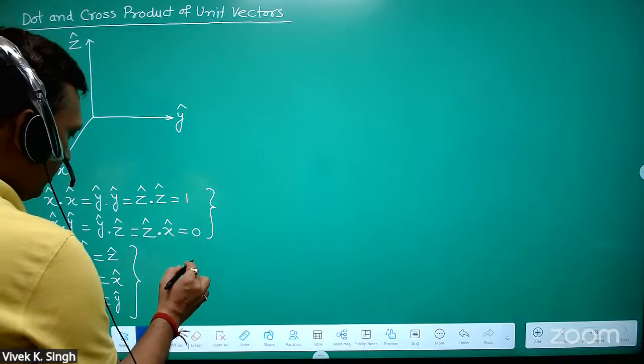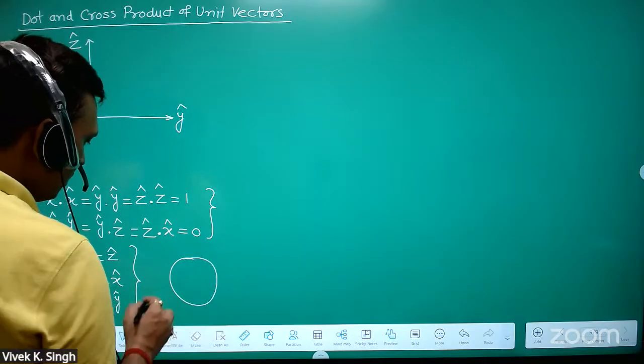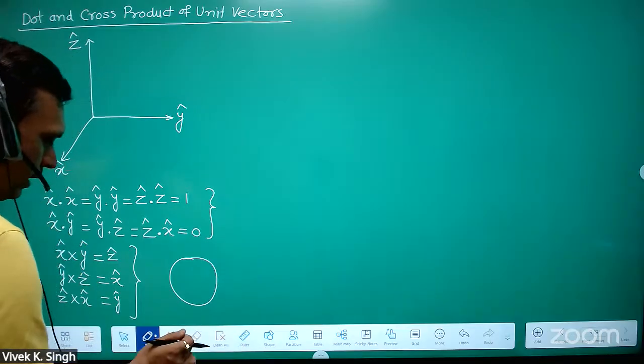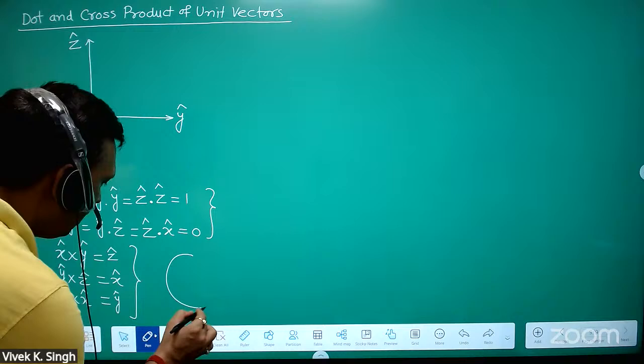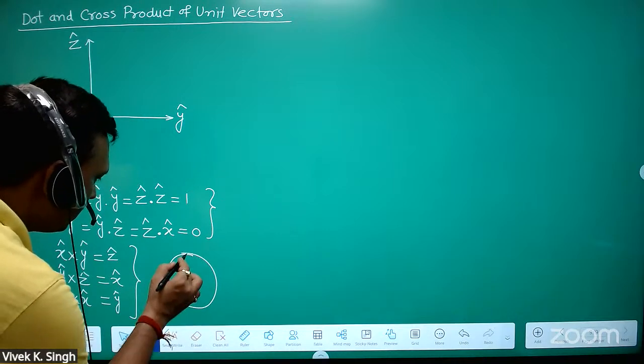You can remember this if you move in the anti-clockwise direction.